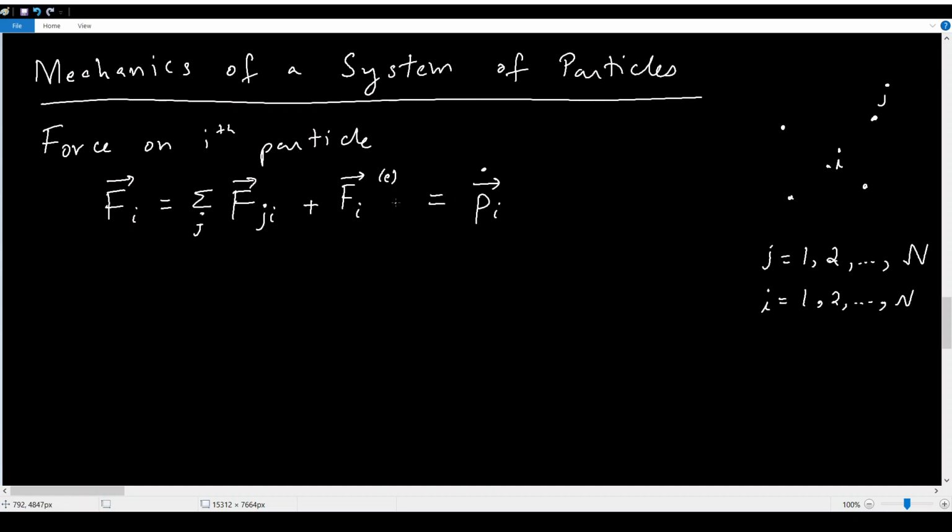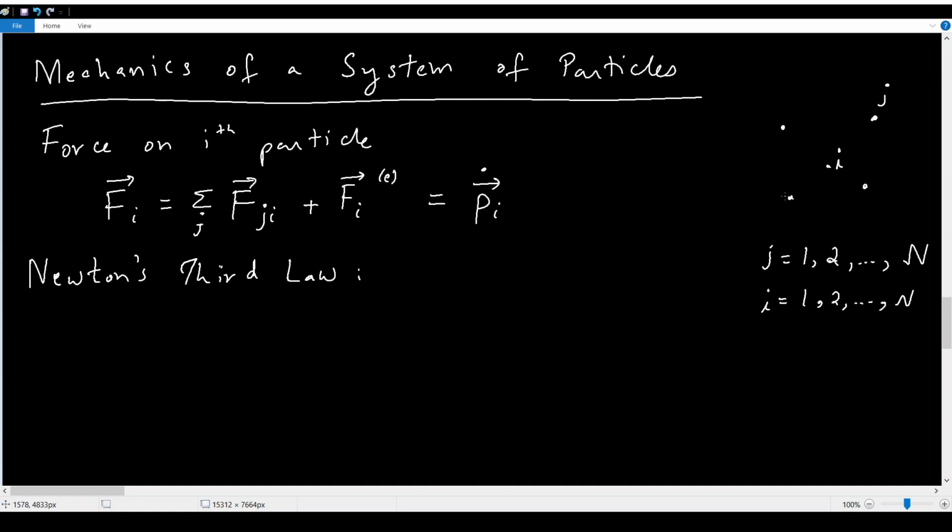So what we're going to do, in our discussion further, is assume Newton's third law holds. And remember, what was Newton's third law? It essentially stated that for every action there's an equal and opposite reaction, or for every force there's an equal and opposite force.